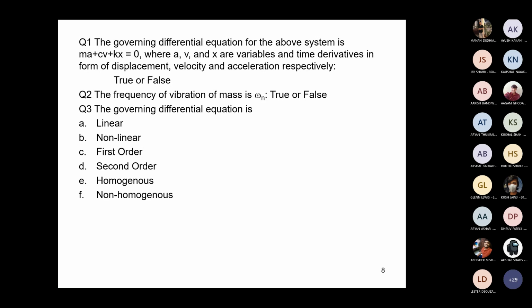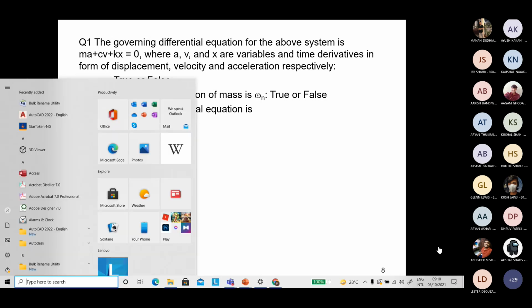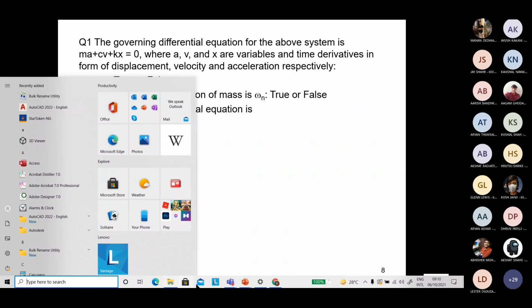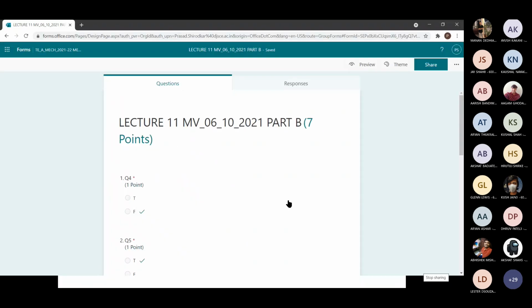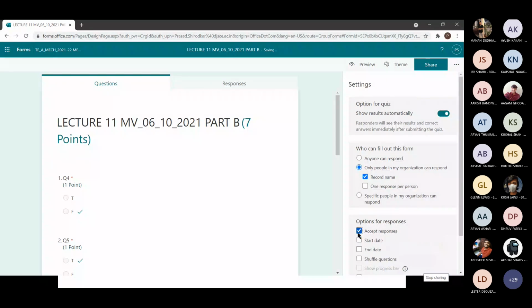Sir, the form is closed. Just a minute. Okay, it is open now.